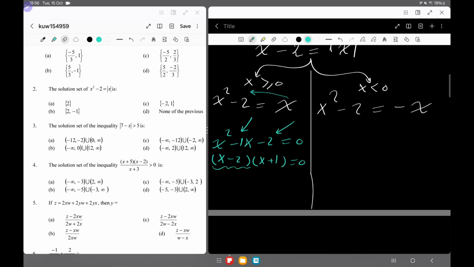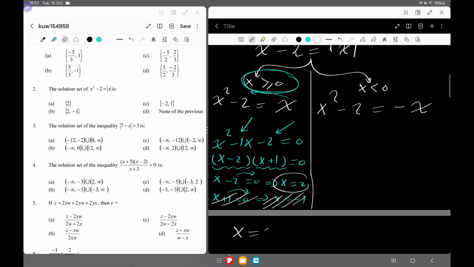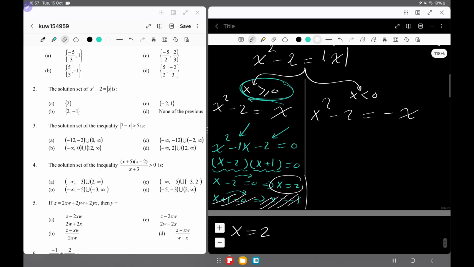Maybe the first equals 0, so x equals 2, or the next equals 0, x plus 1 equals 0, so x equals negative 1. But we have the condition that x has to be positive or 0 at least, so we reject negative 1. We just have x equal to 2.